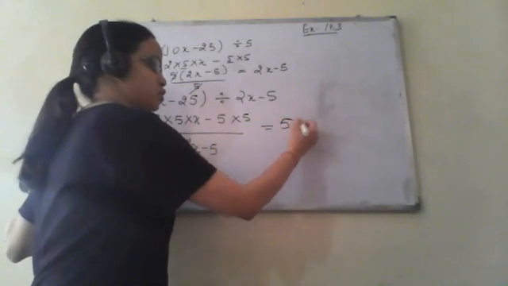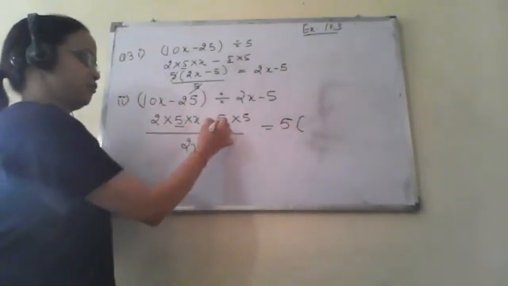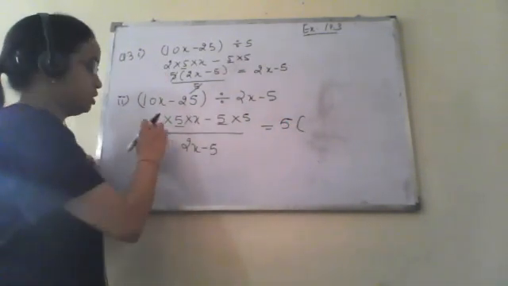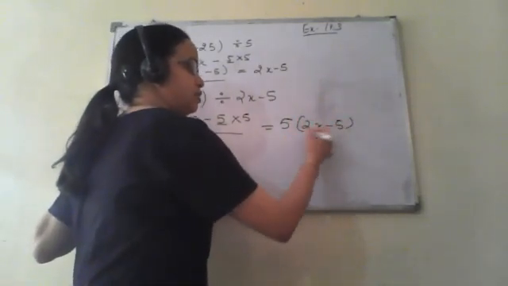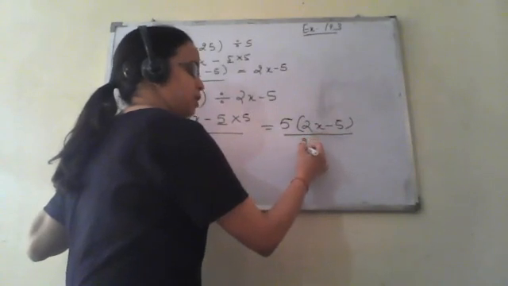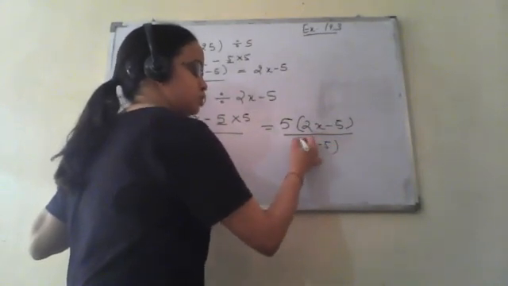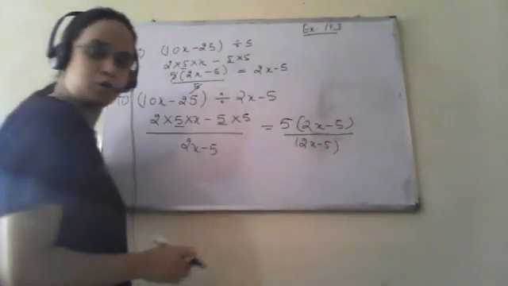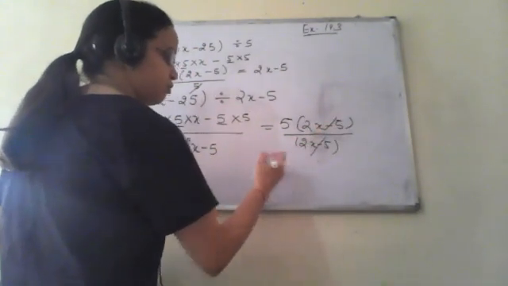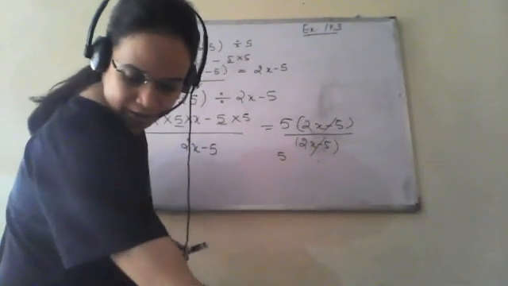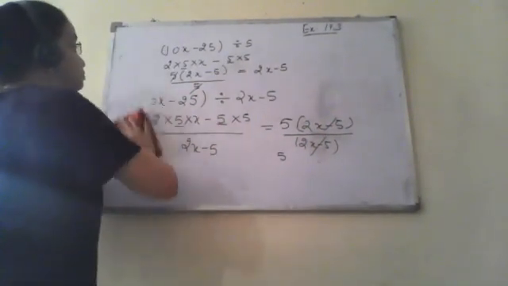We can take 5 outside. We are left with 2x minus 5, and this has to be divided by 2x minus 5. So this 2x minus 5 is common to both numerator and denominator, so it will get cancelled and the answer will be 5. Clear?